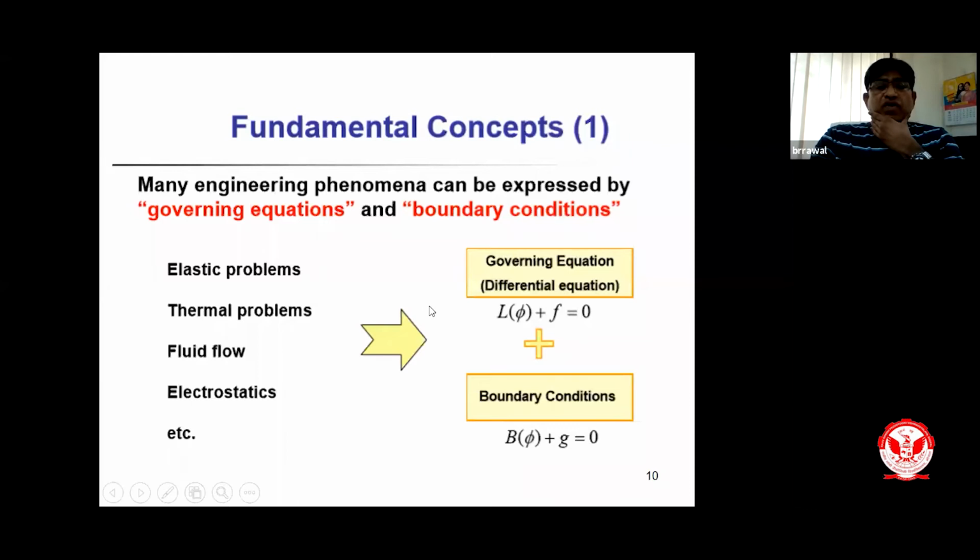For solving a finite element problem, we have to have a boundary condition also. So by putting in a boundary condition, we can solve this. Without boundary condition, we cannot solve.